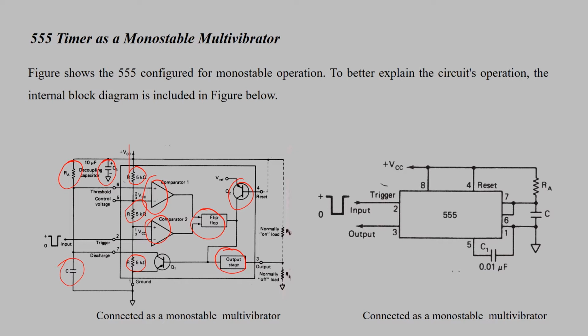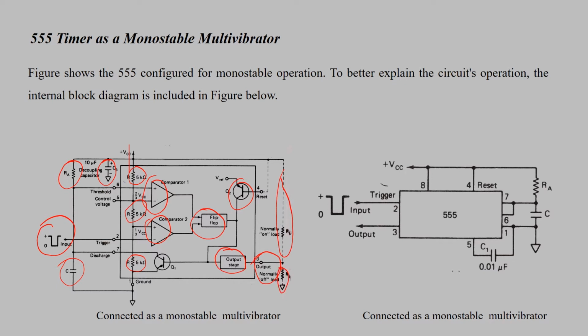So input is applied to trigger, output is taken from pin number 3 and normally it's off. Now this is used when we talk of normally on load and this is used when we talk of normally off load.